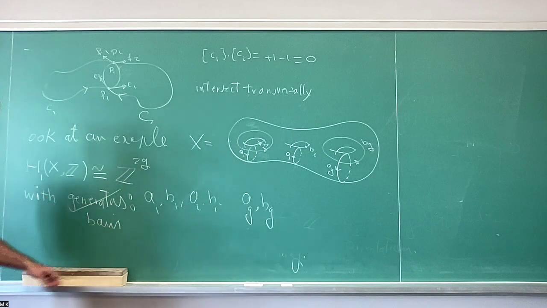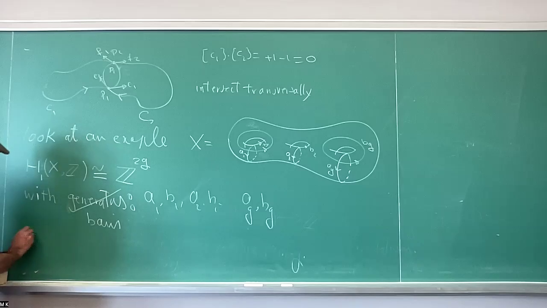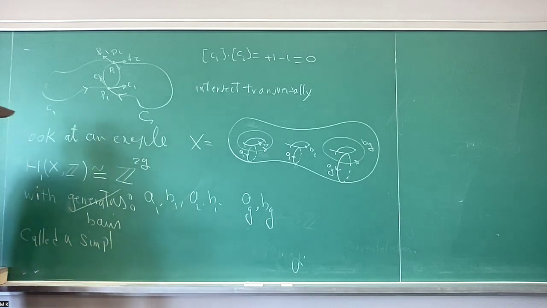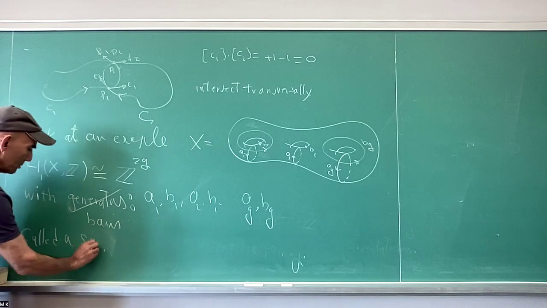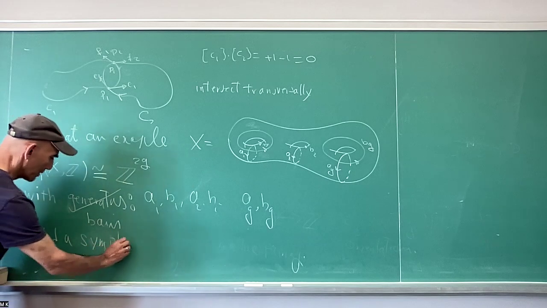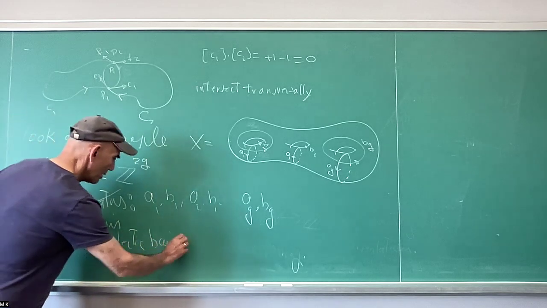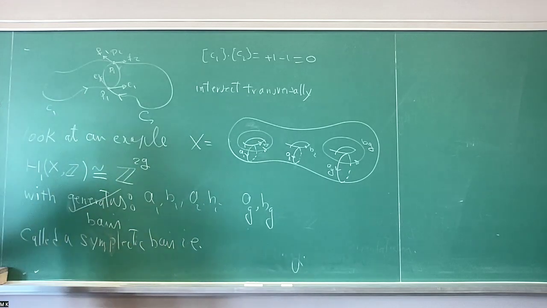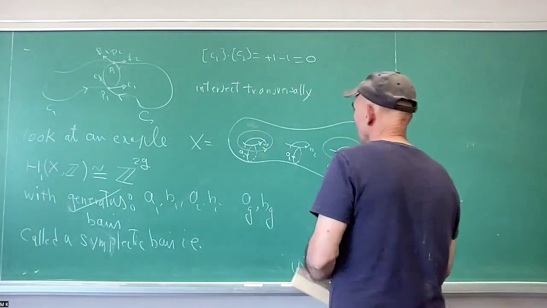Now, this basis has a very nice property. This is called a symplectic basis. Symplectic, I should write with a Y. So it satisfies the following conditions.